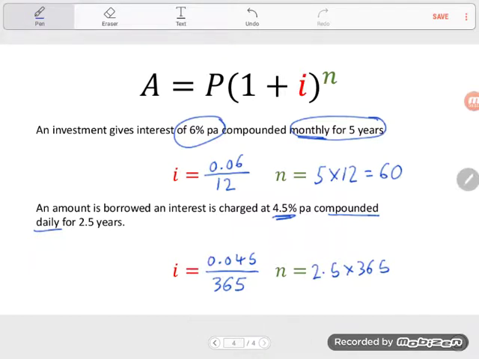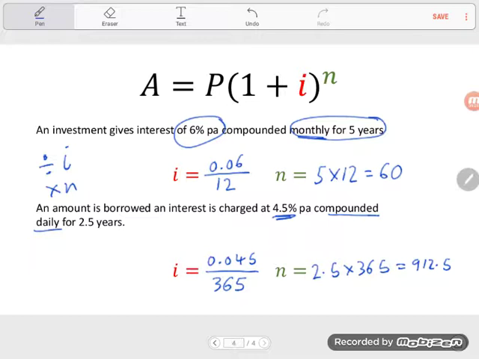Bear with me. 912.5 for our N value. Okay, so that's how we adjust I and N. We divide I by the number of periods a year and we times N for the number of periods per year. So we divide for I and times for N.